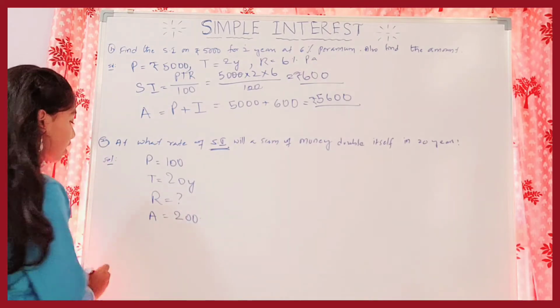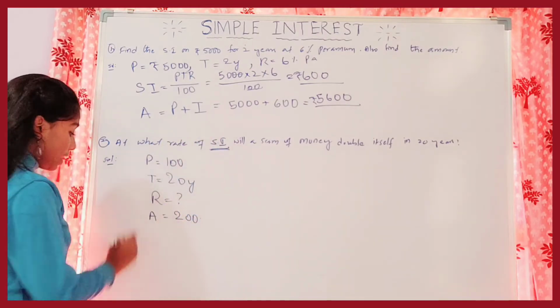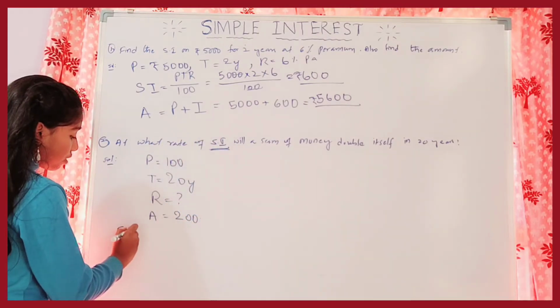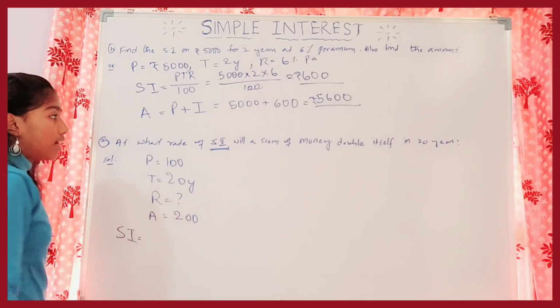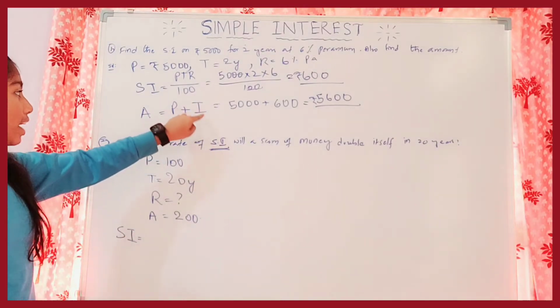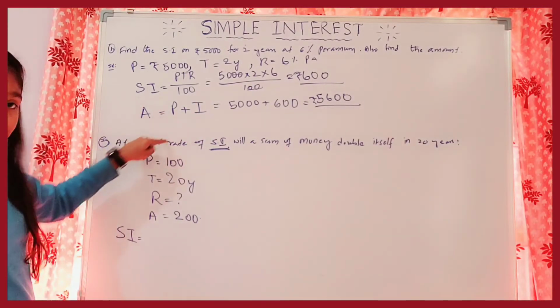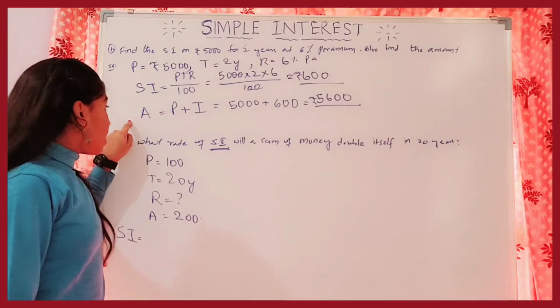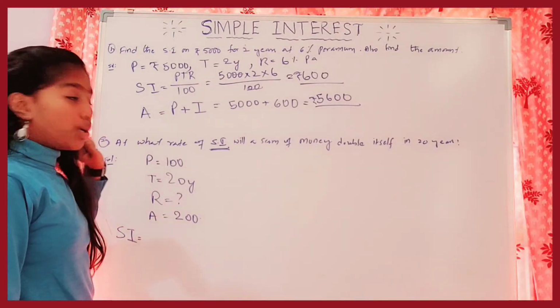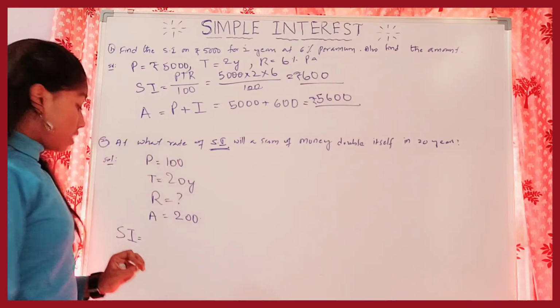Now first we want the simple interest. We already know the formula, but here we don't know the interest. When P is transposed to the left side, it will be A minus P, that is amount minus principal.